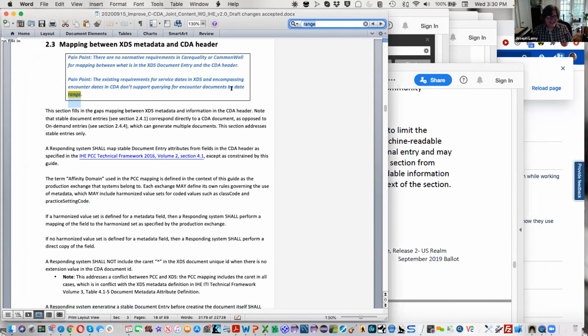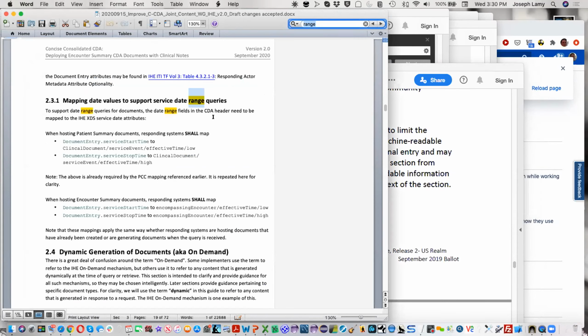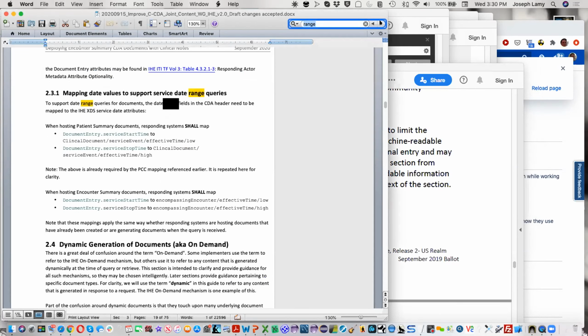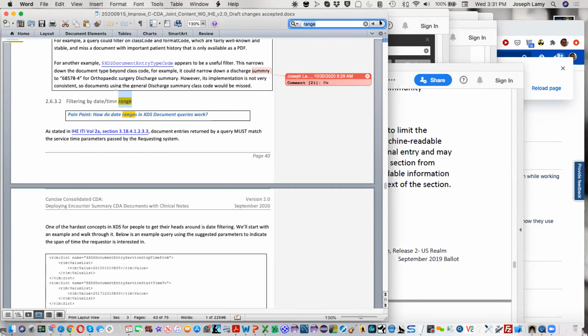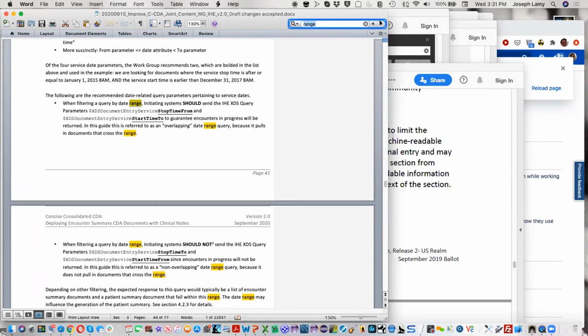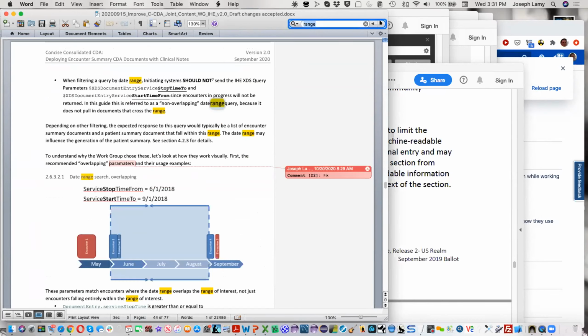But let's see. It's also not calculated based on the dates of the elements that are in that section. It's really driven by business rules to determine what goes into that section. Right.